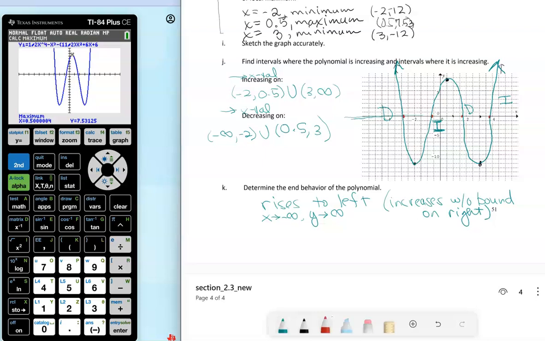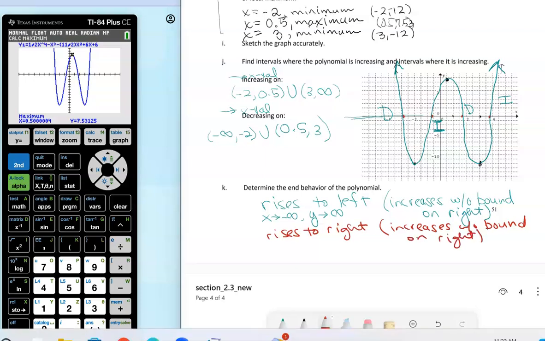Now, on the right-hand side, it also rises to the right. So we would say it increases without bound on the right. See here, I misspoke. This should be left. Up here, it increases without bound on the left. It also increases without bound on the right.